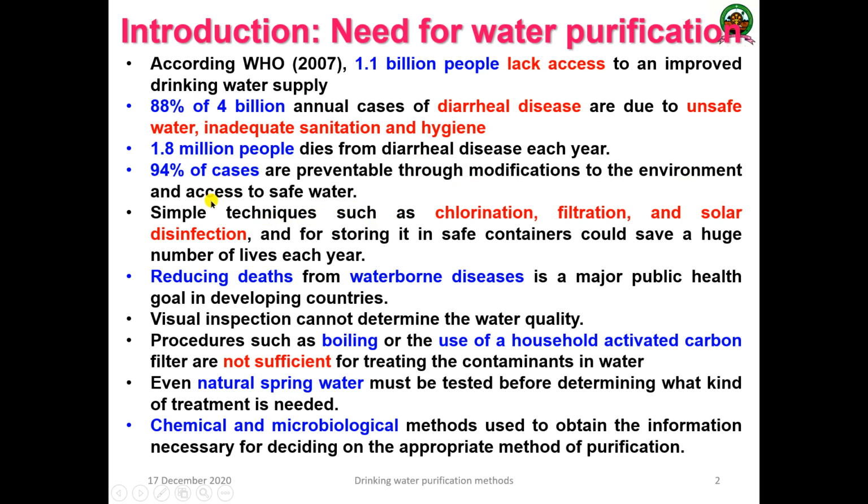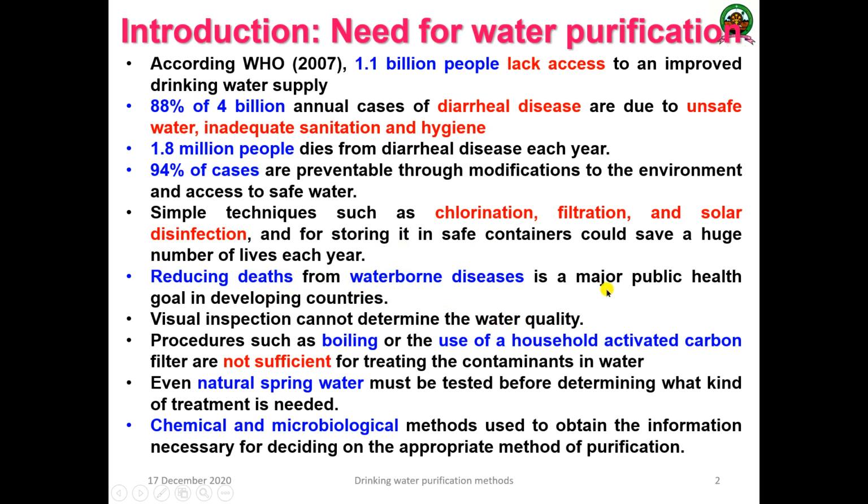There are some simple techniques such as chlorination, you know the chlorine water, which we will discuss, filtration, and solar disinfection, and storing in a safe container could save a huge number of lives. So this is another important aspect.